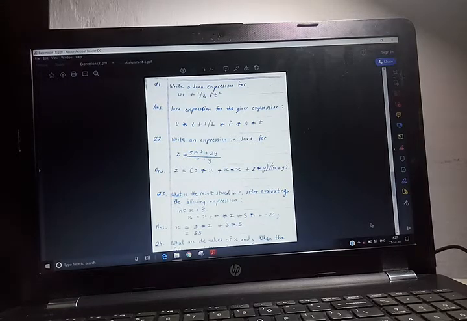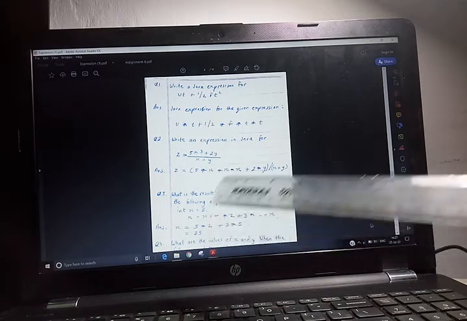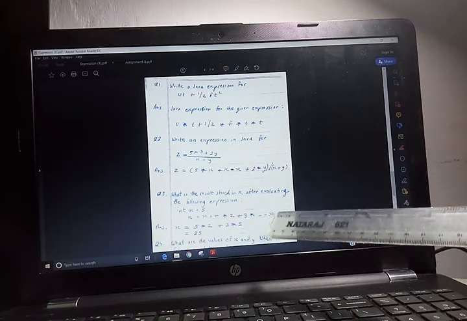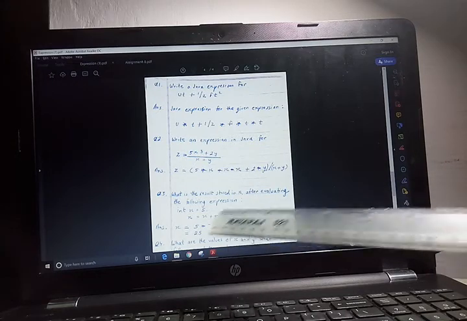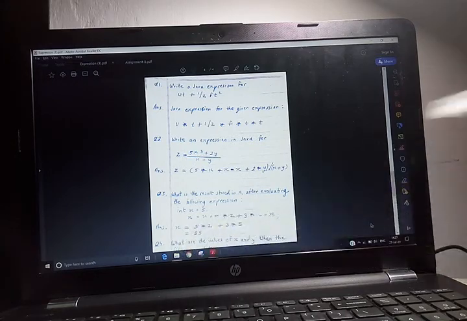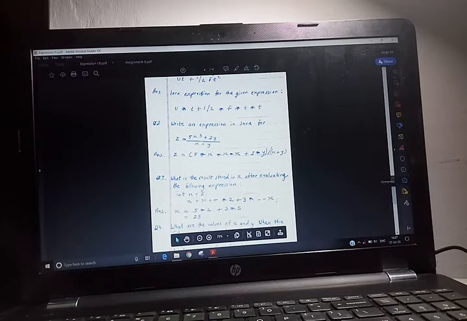So the x value, once it is executed, is 6. So 6, when it is decremented, becomes 5. When we solve this, the answer will be 25.